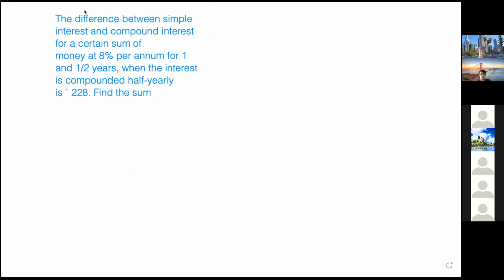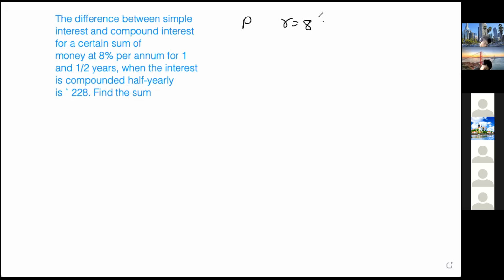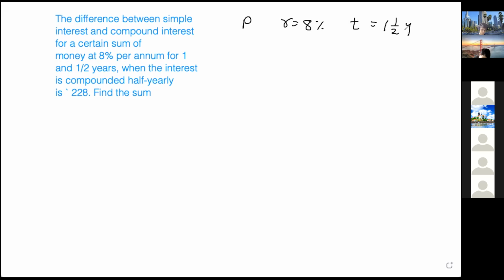Find the sum. So what you have to do first, we'll find out simple interest and compound interest. Let the principal be P. Then 8% per annum, R is equal to 8%. And for 1.5 years, T is equal to 3/2 years.